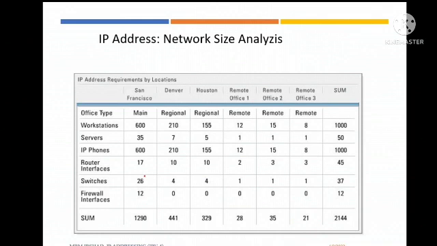Say for example, workstations: how many PCs are there in San Francisco? Basically 600. How many servers are you planning to have in Denver? It is 7 servers. So like that you can plan these things yourself. You remember that the final assignment for this course will be a network development planning project.